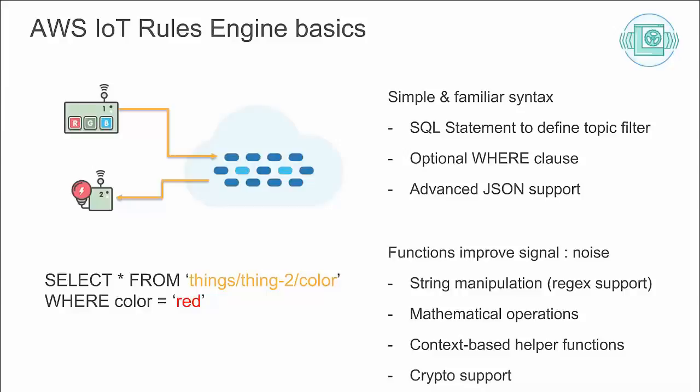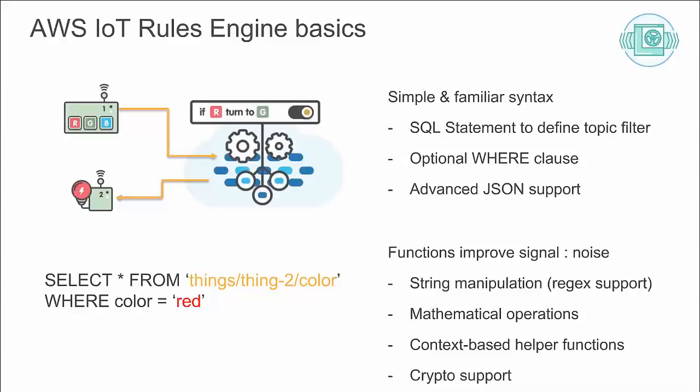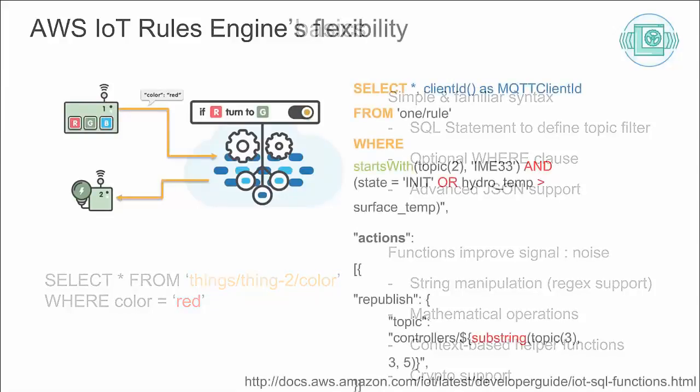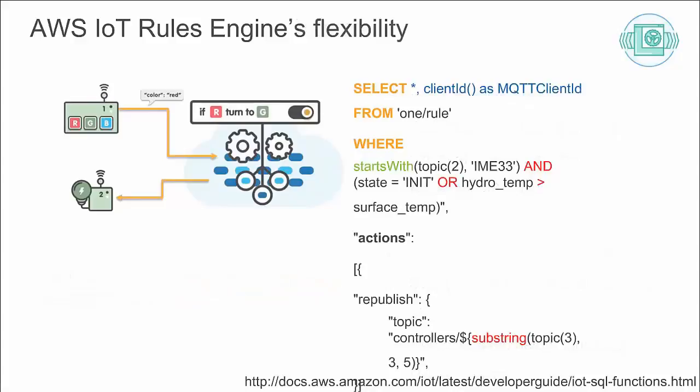You have a lot of flexibility here to manipulate and forward messages on the basis of their content, and that allows you to build rich applications from the very simple, like switching lights on the basis of messages that you receive, through to the much more complex, maybe controlling systems like irrigation systems with embedded logic that are built into your rules using IoT SQL functions.